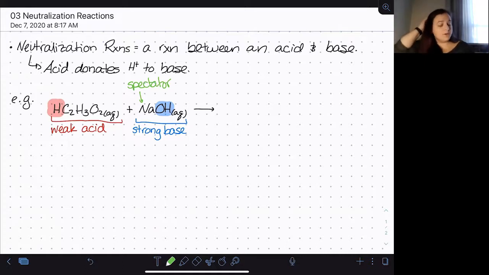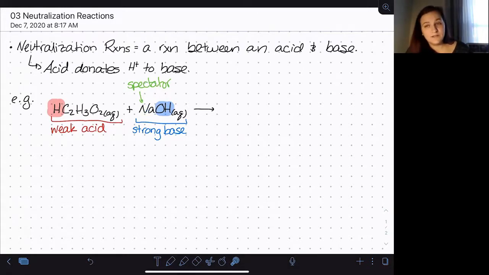So essentially what we're doing is donating our acidic hydrogen, just this one out in front, which is going to come over and attach to this OH-, which will leave a negatively charged acetate ion here, and the sodium ion, which will be positively charged.